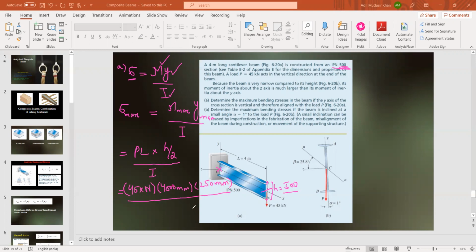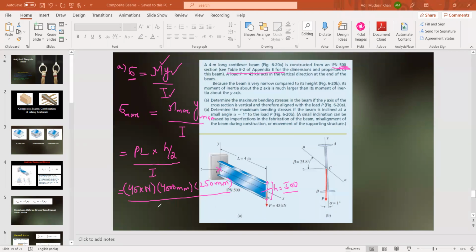Divided by I. We need not calculate the I, because as given here, see table E2 of appendix E. The properties like its moment of inertia, its product of inertia are always given. In your examinations, you can carry the charts, or you will be given the data.